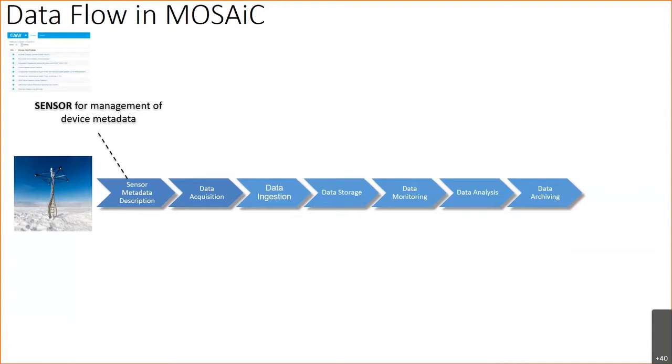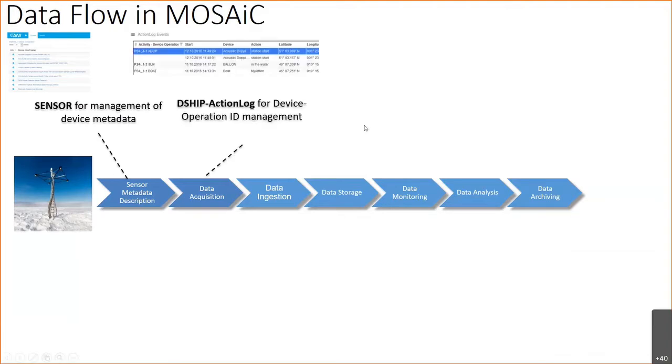Now the metadata management of the sensors is done through the sensor information system, where we store all kinds of metadata related to the measurement device. This has been done already before the expedition and during the expedition.